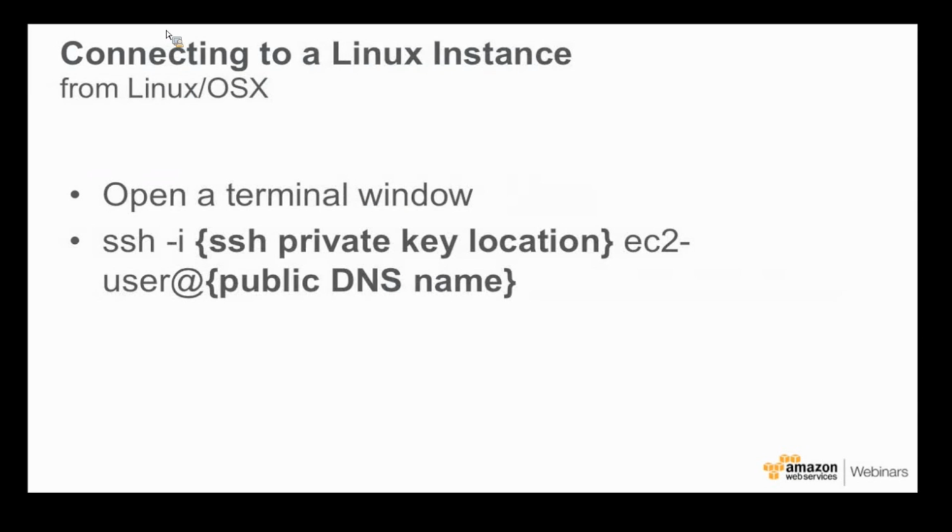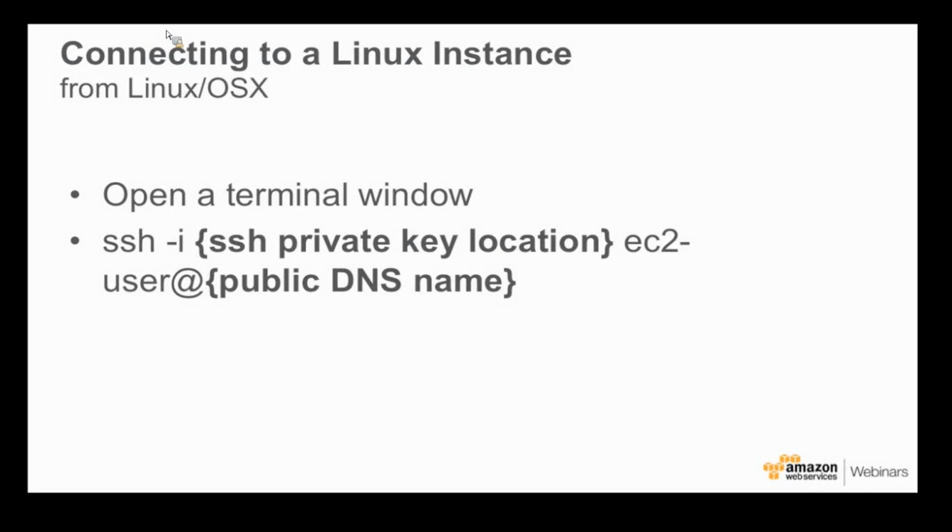Specifically, when you use SSH with AWS, you use the command ssh and then -i, and you specify the key file. Remember that demo.pem private key that was downloaded. And then something that people often forget at the beginning is don't forget the username. When you launch an Amazon Linux instance, the default username is ec2-user. It's important to note, though, that this is not the same user for all operating systems.